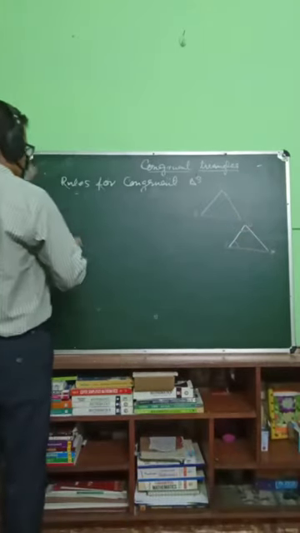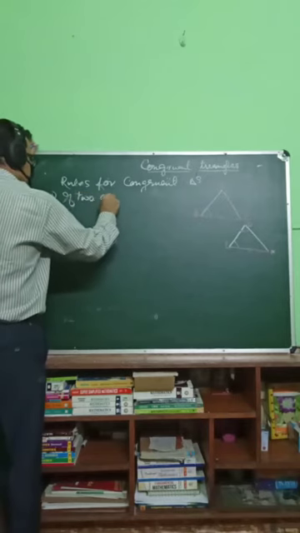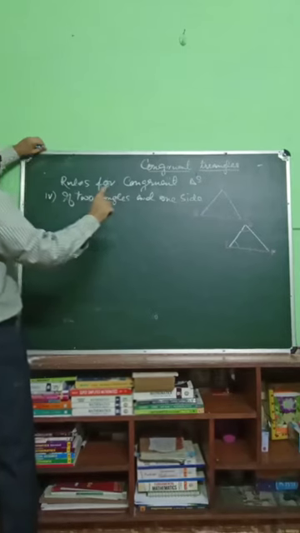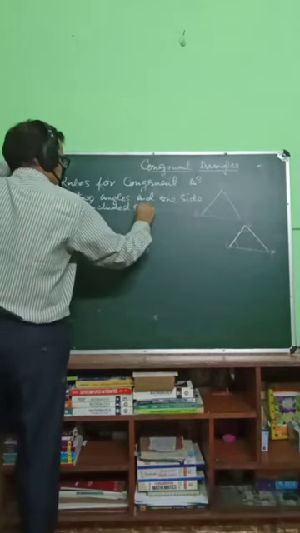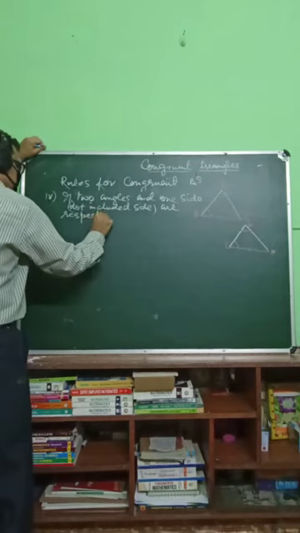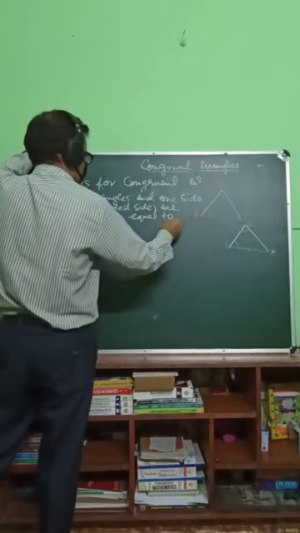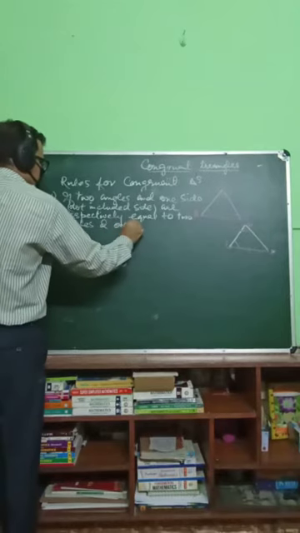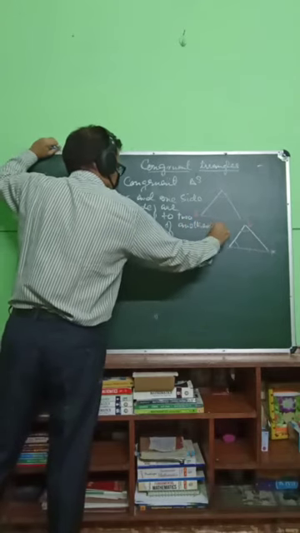So we will write: the fourth one, if two angles and one side, not the included side, are respectively equal to two angles and one side of another triangle, then triangles are congruent.